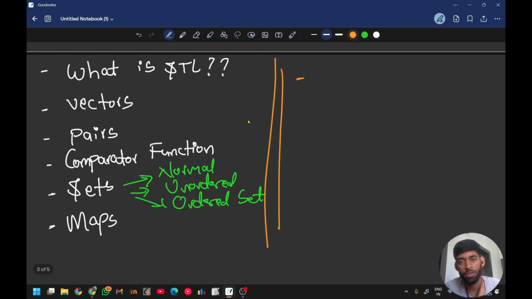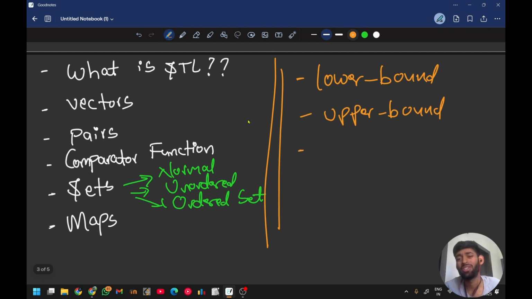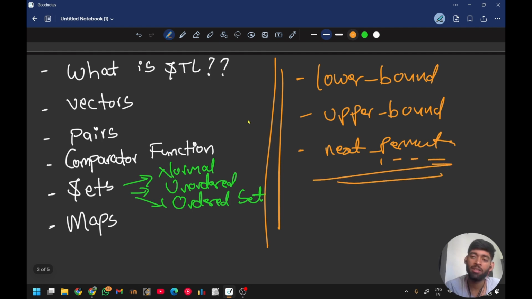First one is lower bound, next one upper bound, and some other functions like next permutation and others. I would say these two functions are very important. One should have a good idea about them, but they do not require a dedicated video to understand.